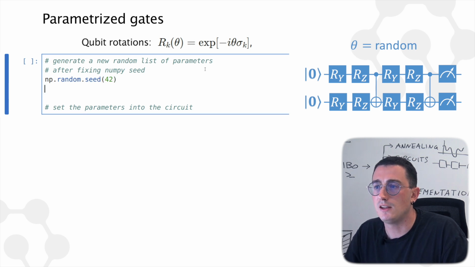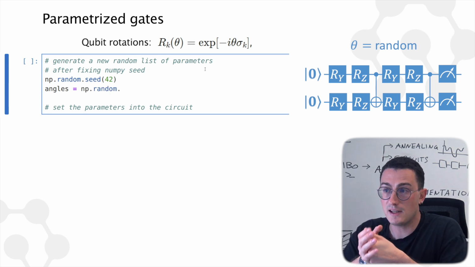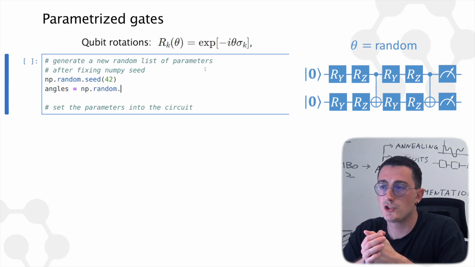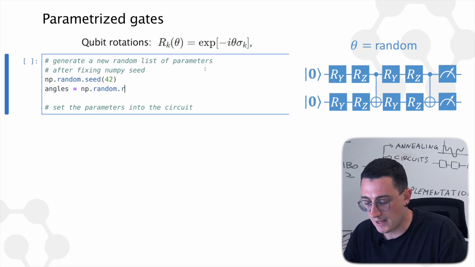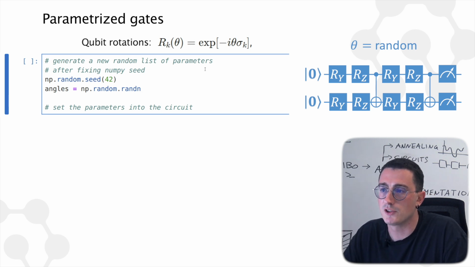And then we can generate the new set of angles. Angles equal to np.random. At this time, we need to define which random number generator we want to use. And in particular, I would suggest you to use randn, which is a random number generator function from NumPy, which generates numbers according to a Gaussian function with center equal to 0 and variance equal to 1.